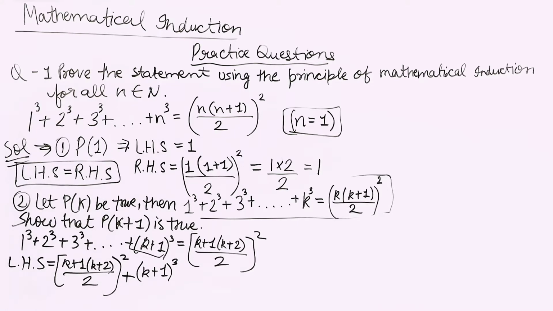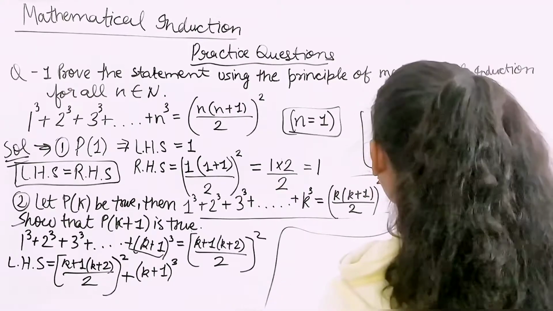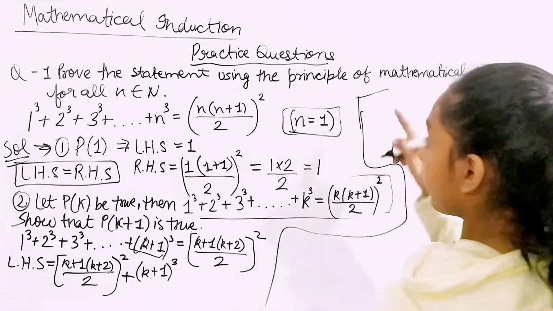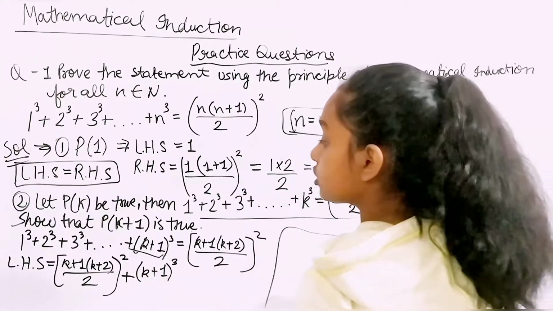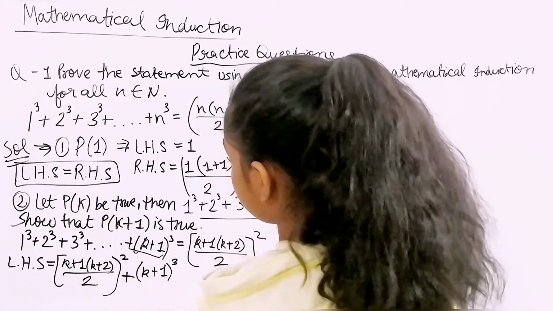Just have a look. Let me write it right here. So this is going to be for the k plus 1, k plus 2.